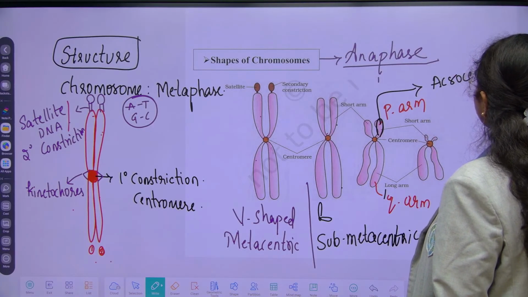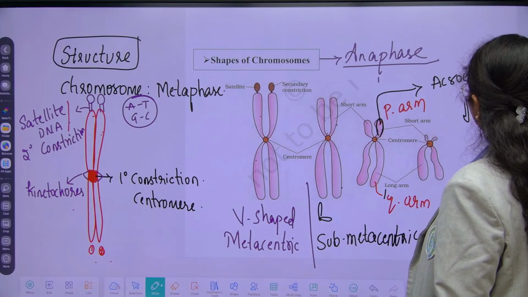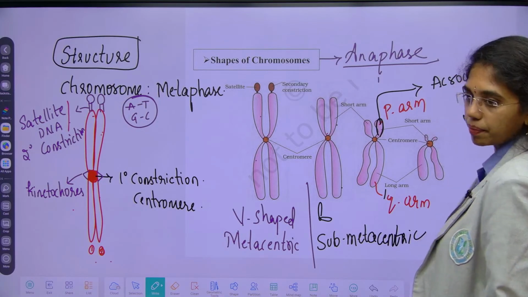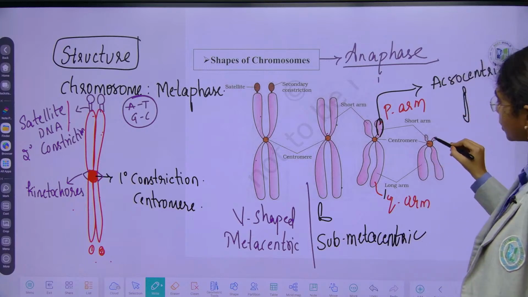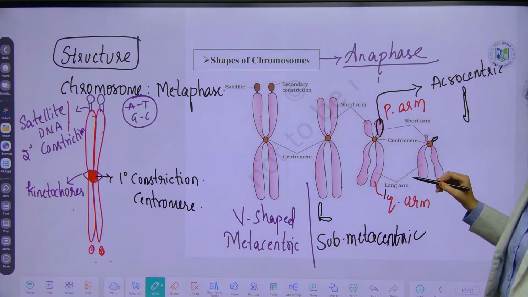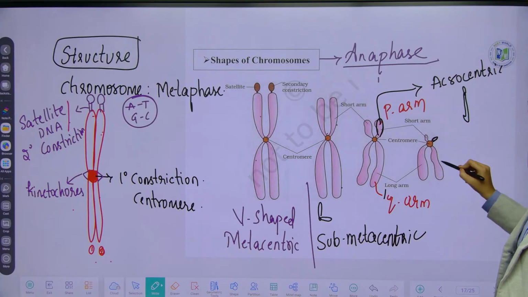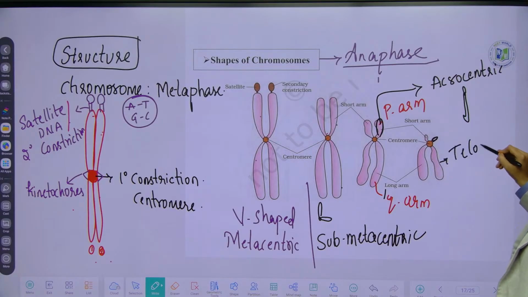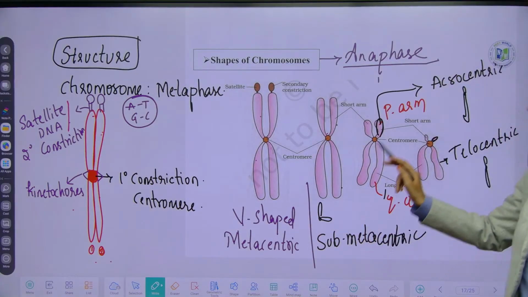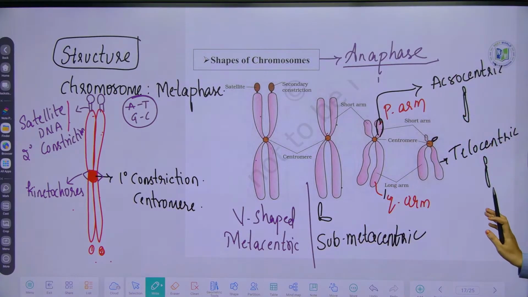What shape? Very good. J shape. And one extremely short and negligible arm, you cannot see, one arm is not visible, and the other arm is very long, that is known as what? Telocentric. And what shaped? I shaped. Okay, V, L, J and I shaped.